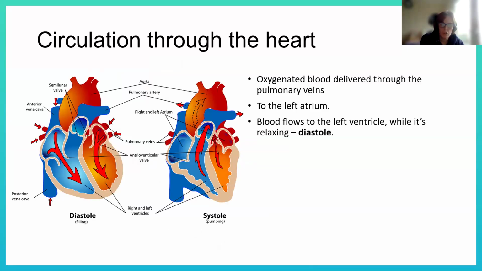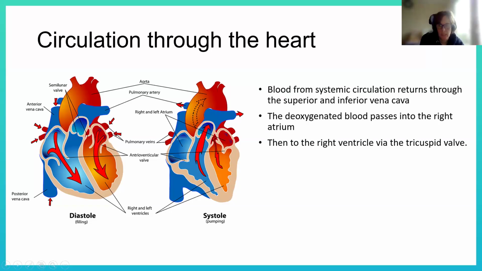The oxygenated blood delivered through the pulmonary veins to the left atrium flows into the ventricle while it is relaxing. So you can see here, it's relaxing. It's in diastole, so it's filling up, and then it contracts, systole, and while it's doing that, the blood is then sent off around the body, if it's in the left-hand side, or around to the lungs if it's in the right-hand side.